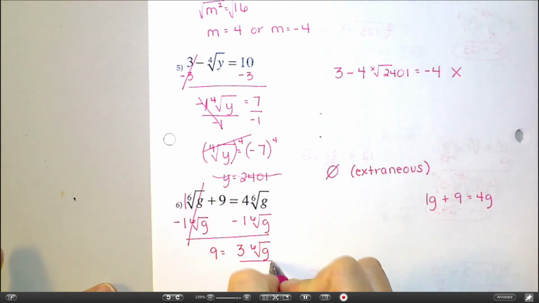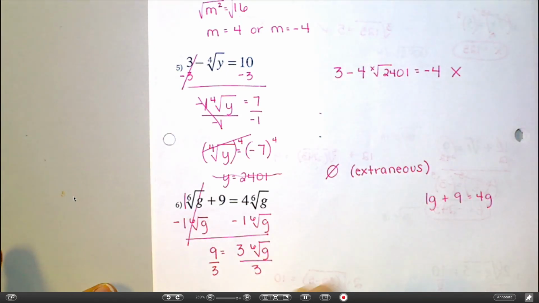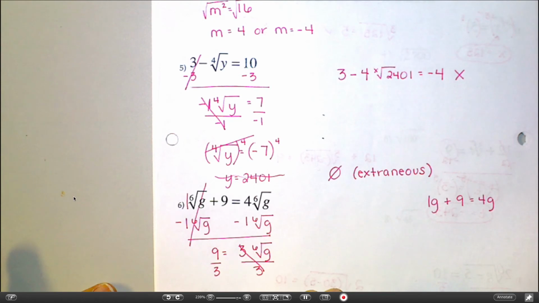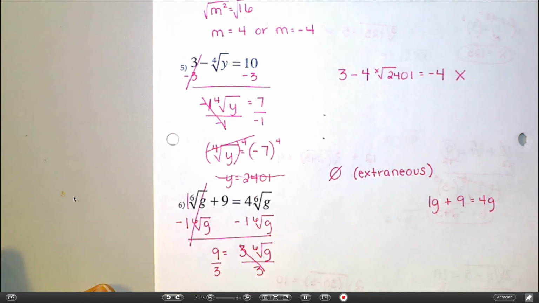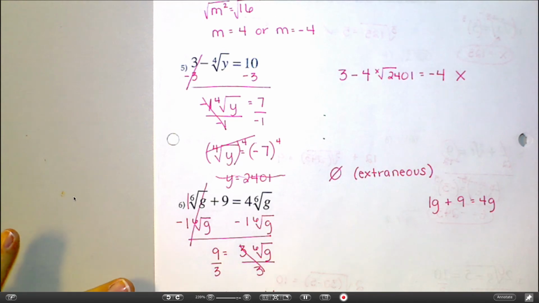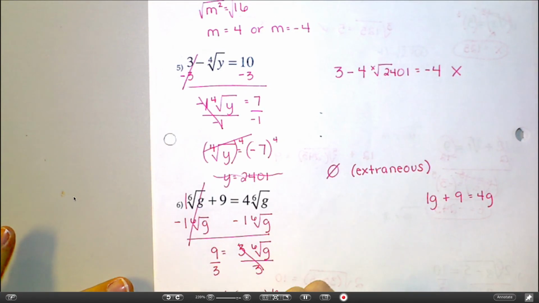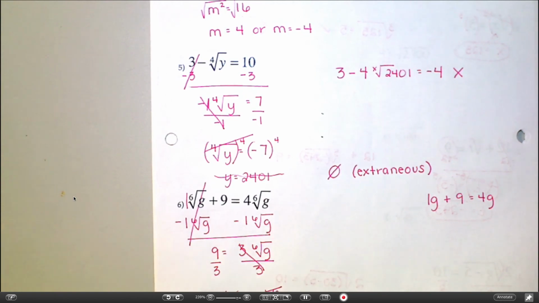Divide by 3. So I end up with 3 equals the 6th root of g. Then let's raise to the power of 6. 729 maybe? Am I right? Okay. So 3 to the 6 is 729. And that equals g.